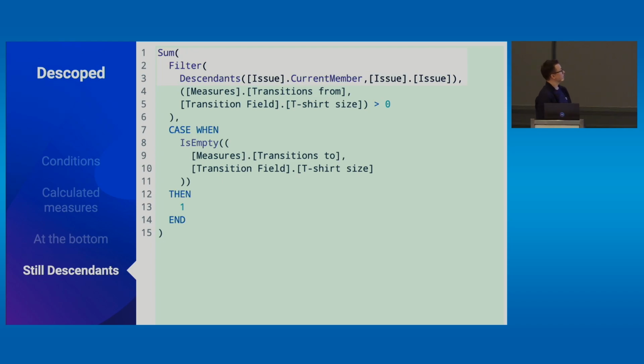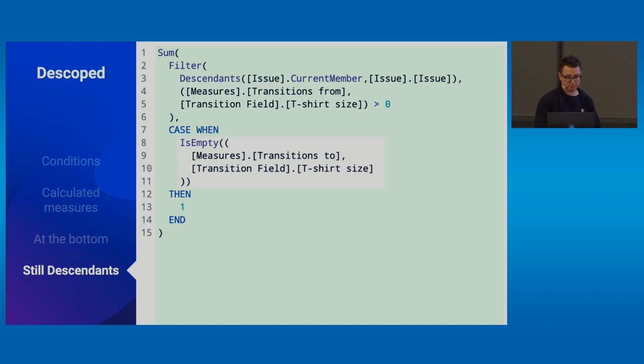Good old Descendants, still, because if we consider changes from and to for a single issue, we must look at every single issue. And I use the transition from condition to retrieve issues that have transitioned out of the desired scope. So we get all the issues that have transitioned out.